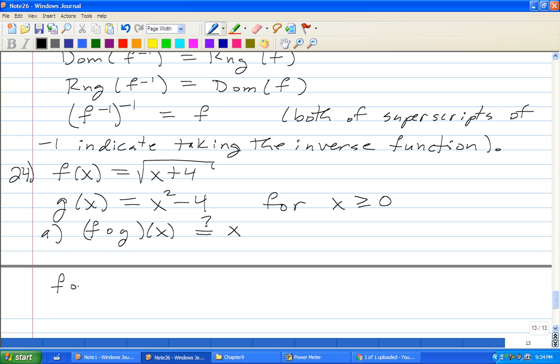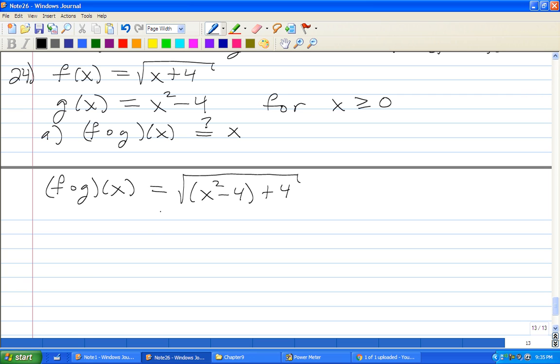So f composed with g at x is found by wherever I see an x in the formula for f, I'll replace every x by the formula given by g. So wherever I see an x here, I'm going to replace x by x squared minus 4. So this is equal to the square root of x squared minus 4 plus 4. Well, I can get rid of the parentheses, and the 4 minus 4's cancel. So this is the square root of x squared, which is just the absolute value of x.